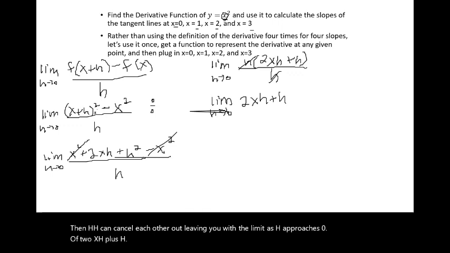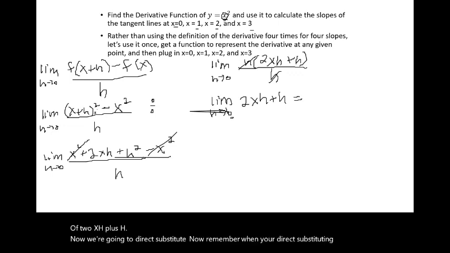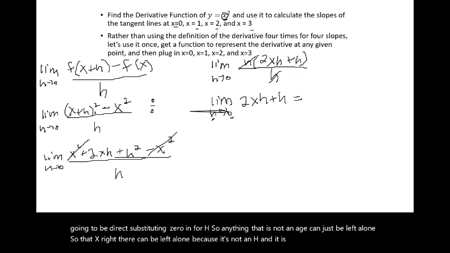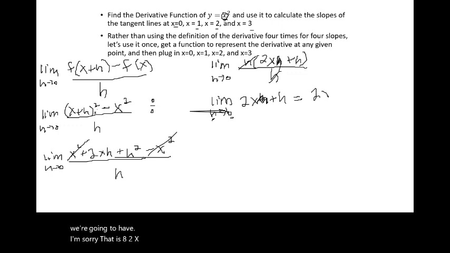Now we're going to direct substitute. Now remember, when you're direct substituting, you're going to be direct substituting 0 in for h. So anything that is not an h can just be left alone. So that x right there can be left alone because it's not an h and it is not involved in this limit. So we have 2x plus 0 in for h gives us 2x. Sorry about that.